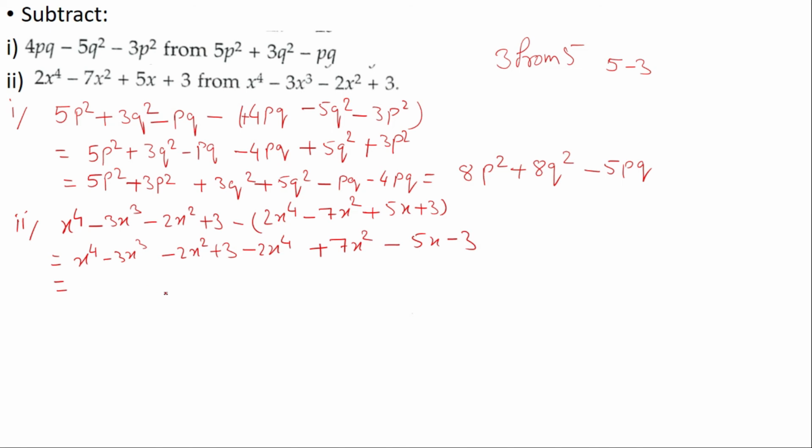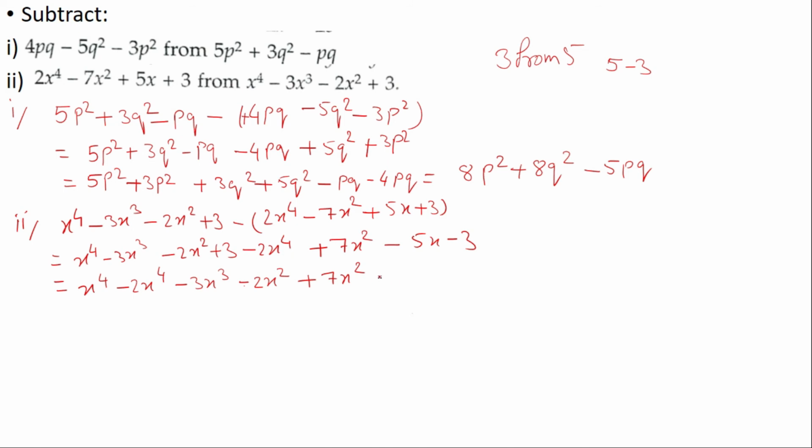We will take all the like terms together, so x to the power 4 minus 2x to the power 4, minus 3x cube. No other term has x to the power 3, so we will write minus 2x square plus 7x square. Now we search for any term having single x.